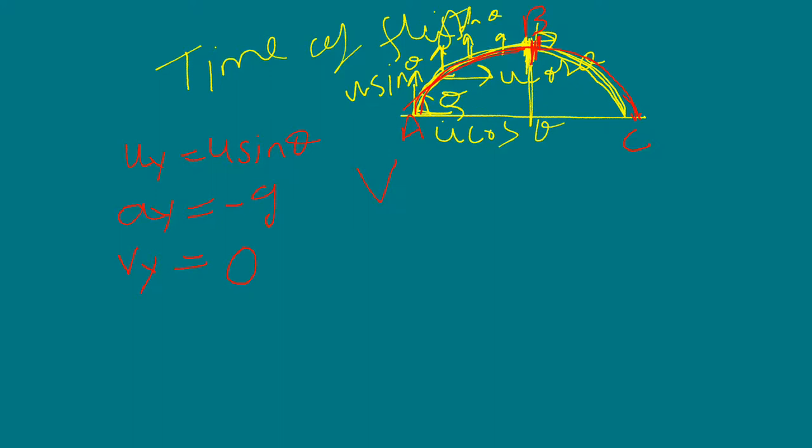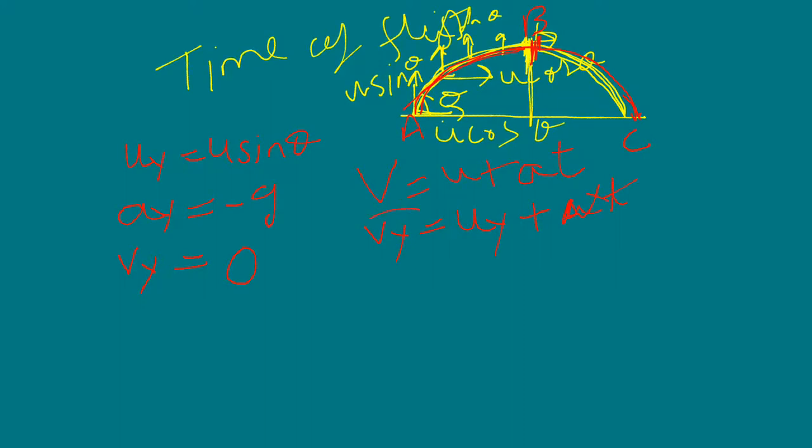Final velocity equals initial velocity plus acceleration into time. Now we will substitute the values.